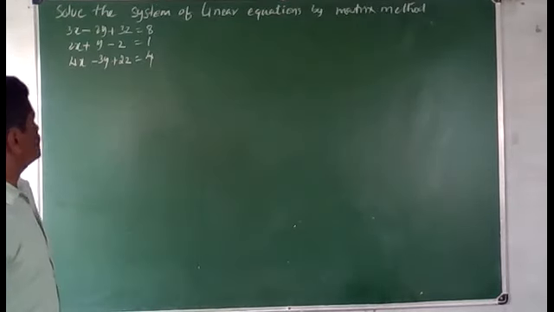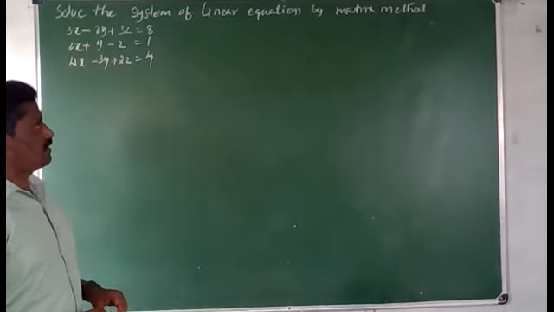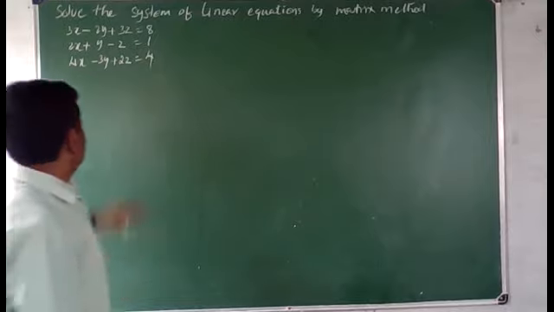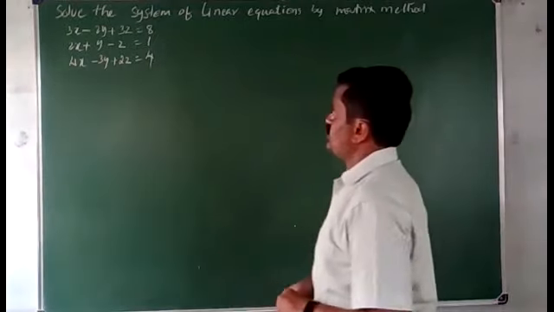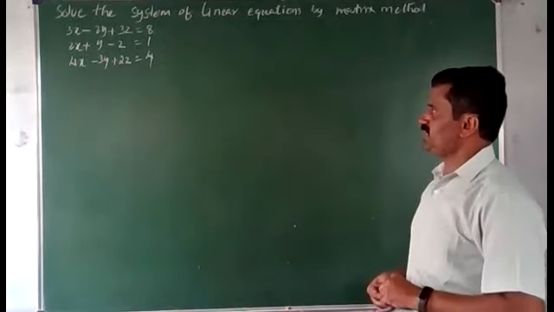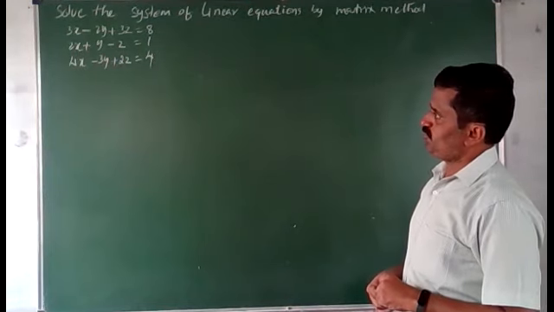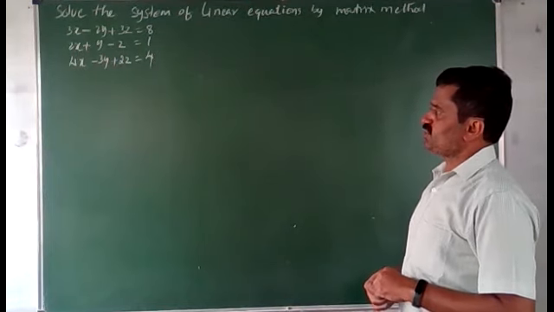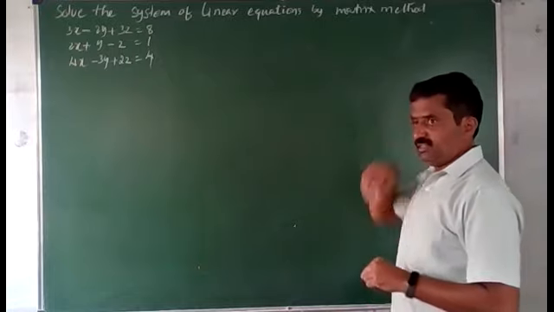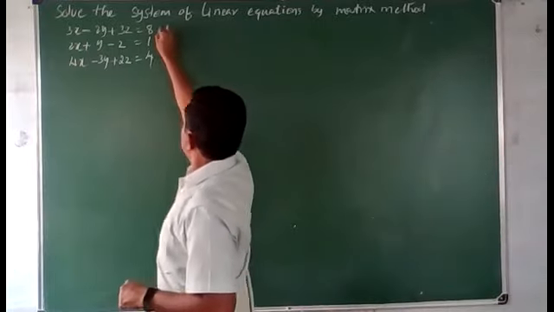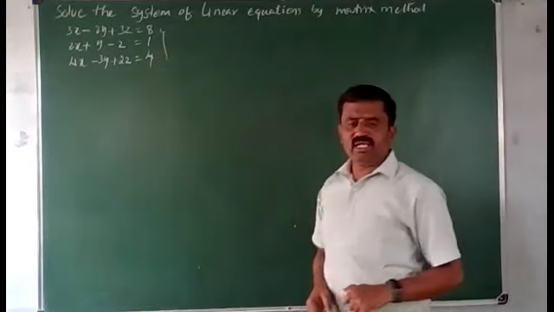Now we solve the system of linear equations by the matrix method. The equations are 3x minus 2y plus 3z is equal to 8, 2x plus y minus z is equal to 1, 4x minus 3y plus 2z is equal to 4. These are a system of linear equations.